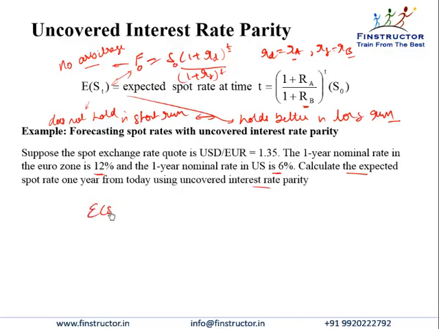So the expected spot rate would be the same as the forward rate today, that is the spot rate into (1 plus the domestic currency or currency A, that is USD, 0.06) upon (1 plus 0.12) to the power t equal to 1, which comes out to be approximately 1.27 USD per euro. So we see the euro has depreciated as the interest rate was higher.